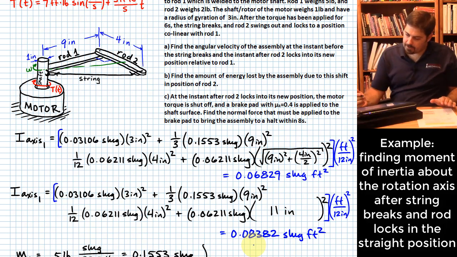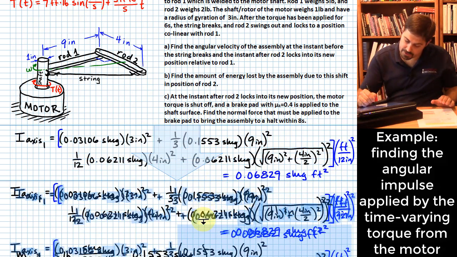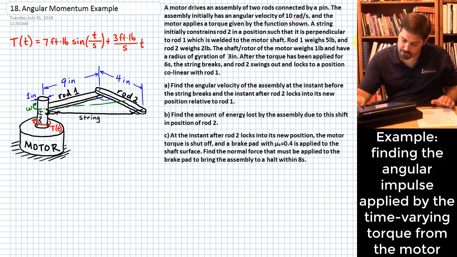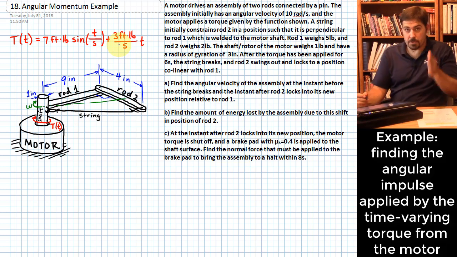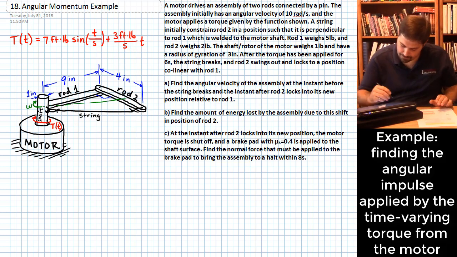One of the things that we do need to find here is just how much impulse is applied as a result of this torque function applied from 0 seconds to 6 seconds. So let's go ahead and do that part here.